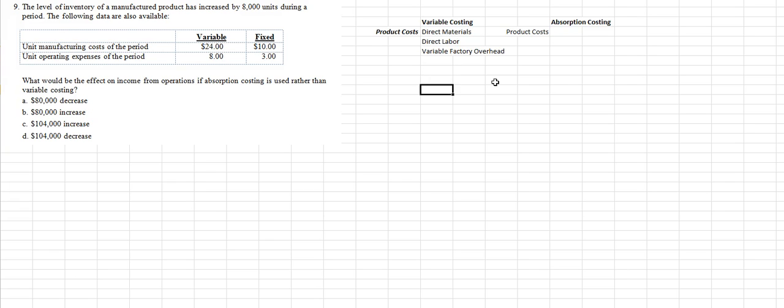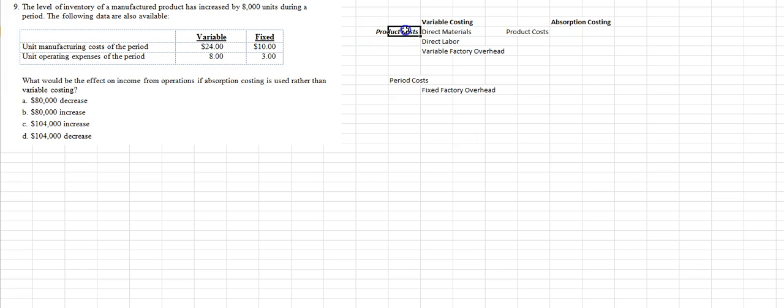Okay? The fixed portion, fixed factory overhead, is going to be expensed entirely as a period cost when we use variable costing.